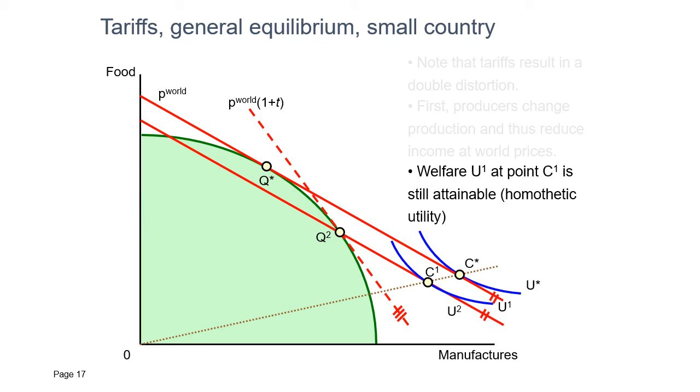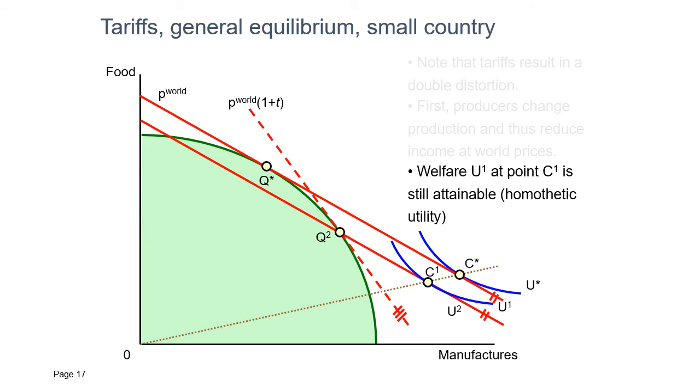This is important. We can't find ourselves anywhere else but at C1. It has to be on that line drawn from the origin through to C. We need to find ourselves somewhere on that consumption line because we're assuming nothing has been distorted from a consumption side. But everything has occurred from a production side, and all that has occurred is our production has changed and our income levels have changed.